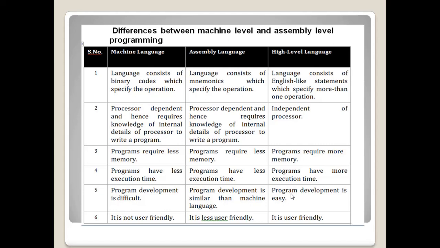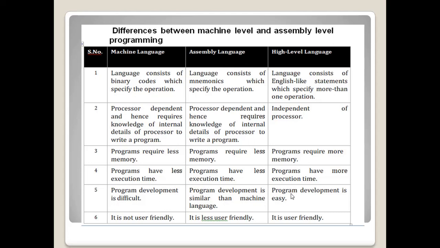The second difference is that machine language is processor dependent and hence requires knowledge of the internal details of the processor to write a program. The reason is that we use only zeros and ones, which are understandable only by the machines.